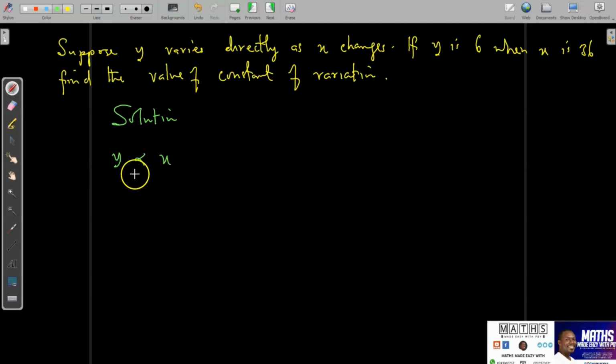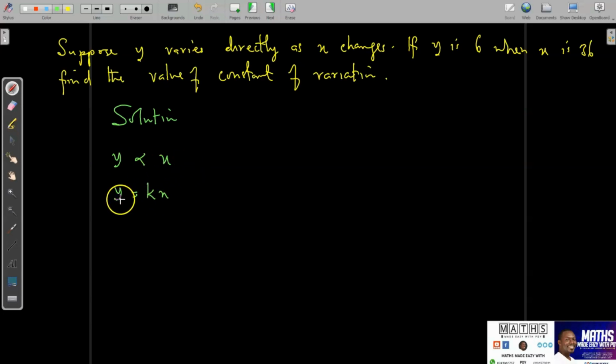Then for future references, we need to change this symbolic statement into an equation. And in doing so, that is when we introduce a constant of proportionality or variation. And therefore, that is going to give us y is equal to kx. Are we all okay from the symbolic state to an equation state? Yes, please. All right.